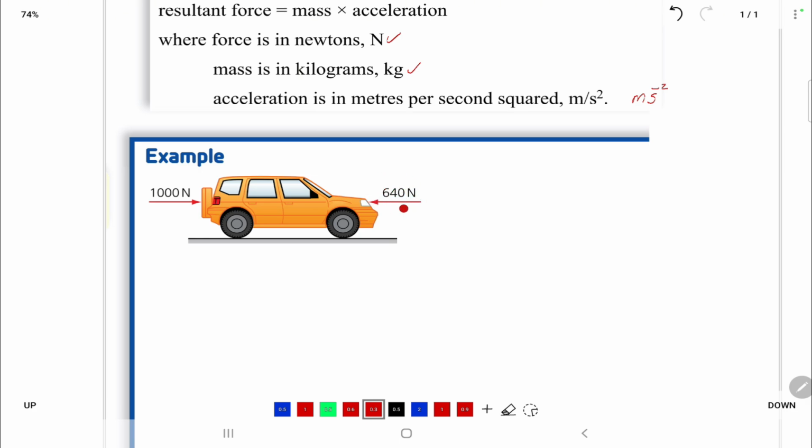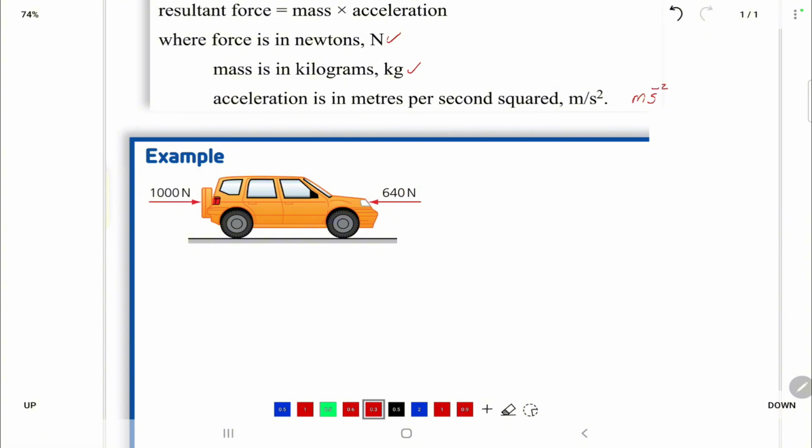You can imagine that this force is the wind force, which tries to push the car to the left, in the opposite direction. So the engine pushes to the right, and the wind, or friction or whatever, is in the reverse direction and tries to push back.